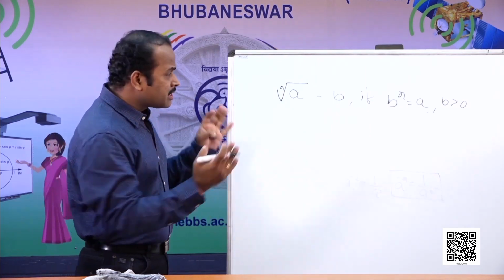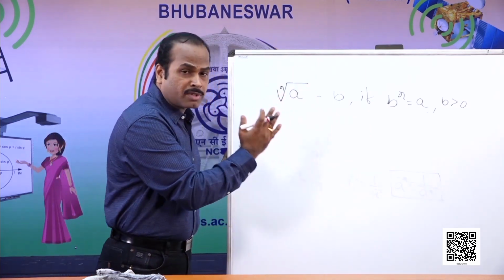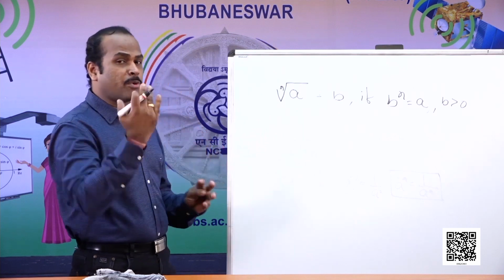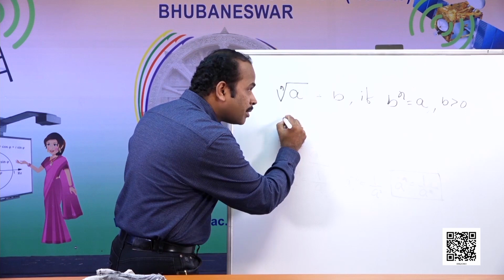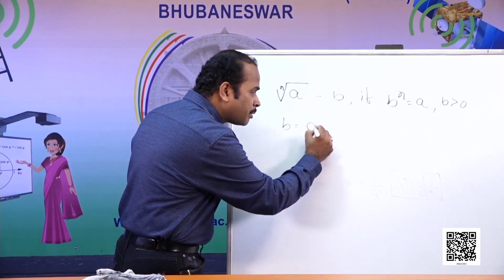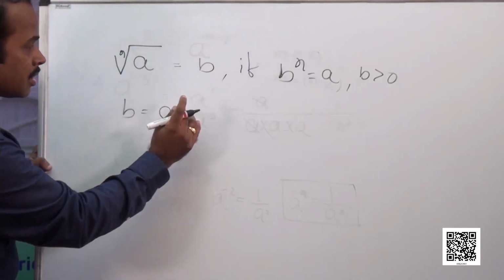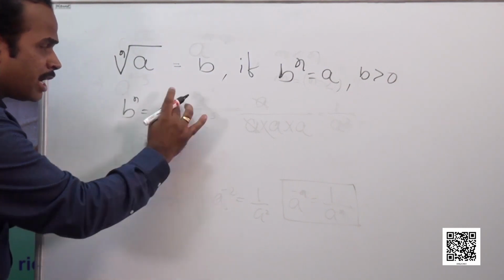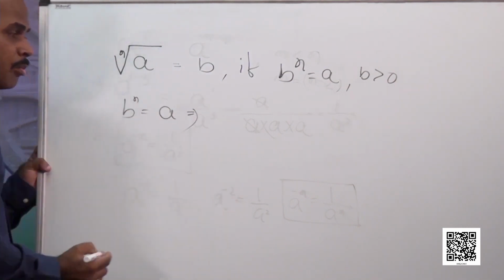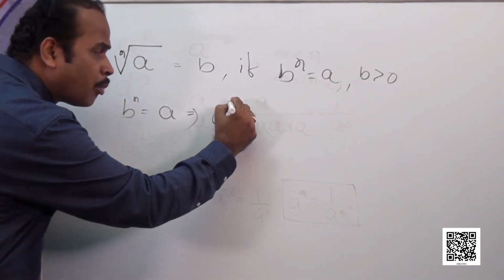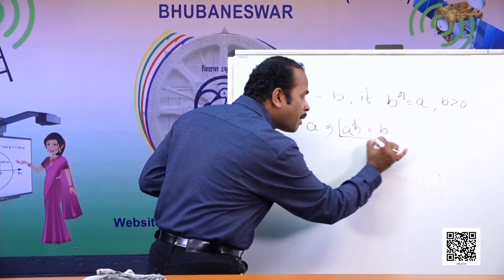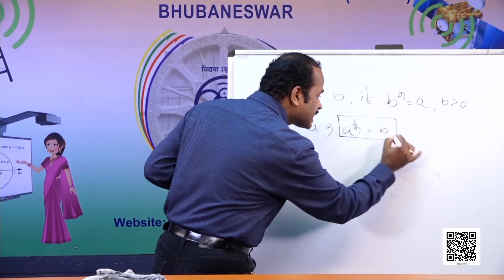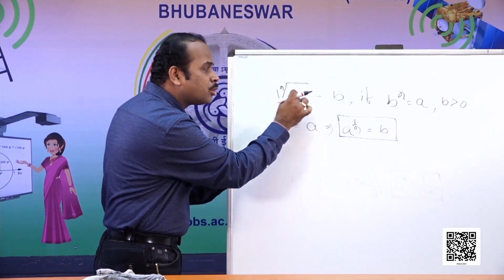So converting this radical form to exponential form, we can say: b to the power n equal to a, we can write a to the power 1 by n equal to b, and this a to the power 1 by n is expressed as the nth root of a.